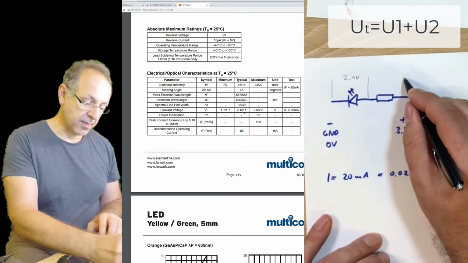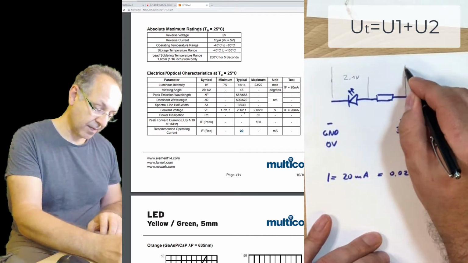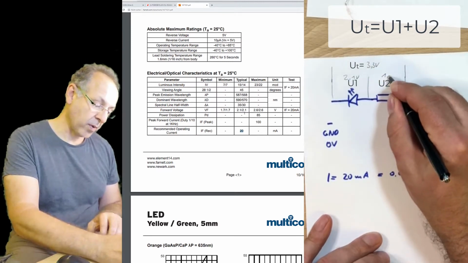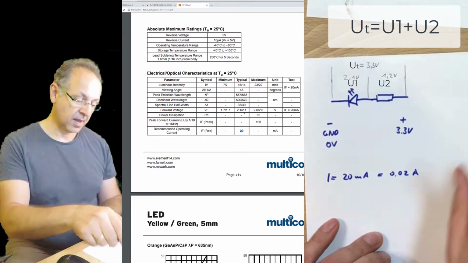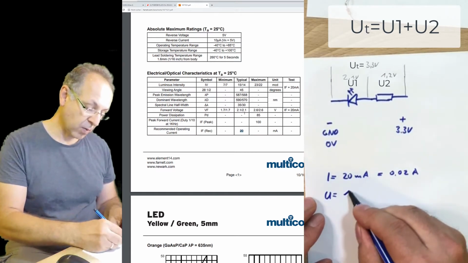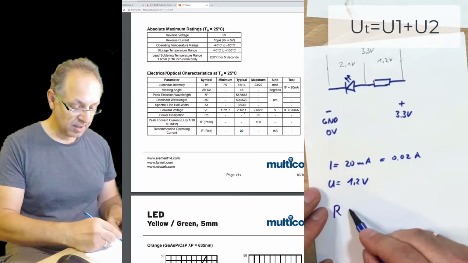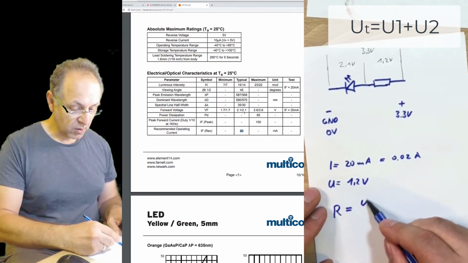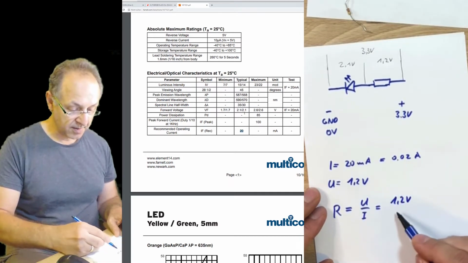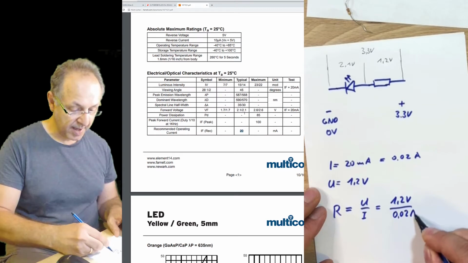And now it's fairly simple. If we have in total 3.3 volts, we have 1.2 volts here. And now we know U for our resistor is 1.2 volts. And as you may remember from high school, the resistance is U divided by I, in our case 1.2 volts divided by 0.02 amps.